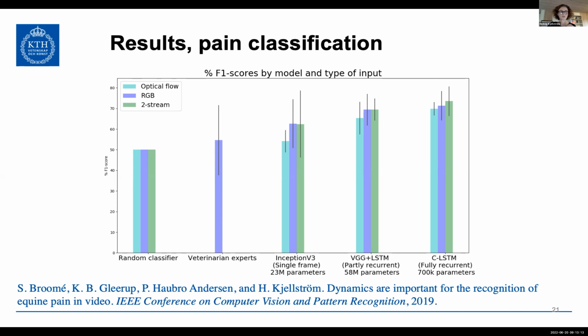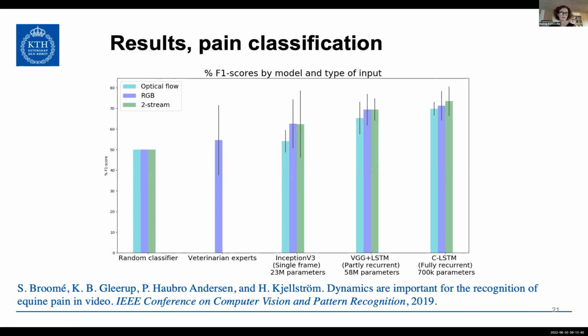And this, of course, says that we should use models that need as little data as possible. So one way to go is to have a semi-supervised model that makes use of unlabeled data, because we can, of course, record a lot of horses that might or might not be in pain. I mean, after surgery, for example.